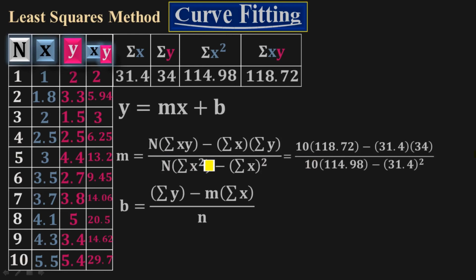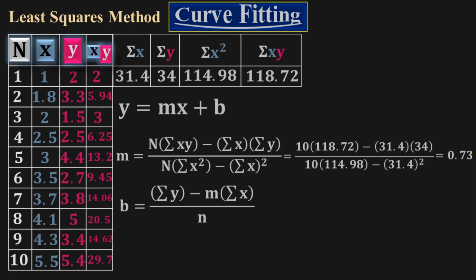And sigma x squared is 114.98. Plug in this value for sigma x squared, minus sigma x, which is 31.4, and then its whole square. When you simplify this expression, at the end you will get 0.73. This is going to be the slope of the line.